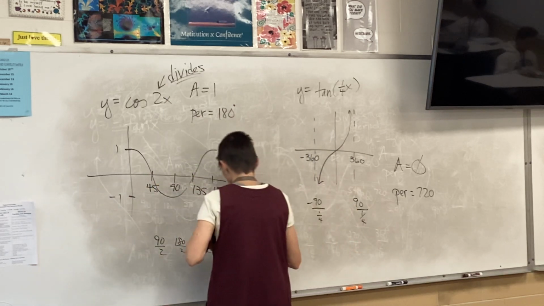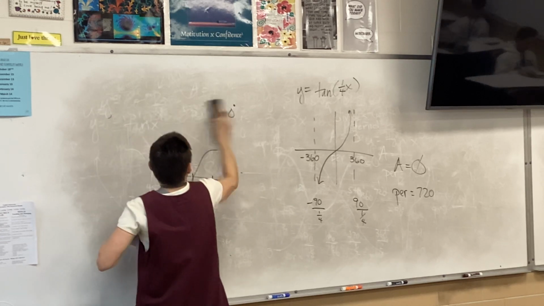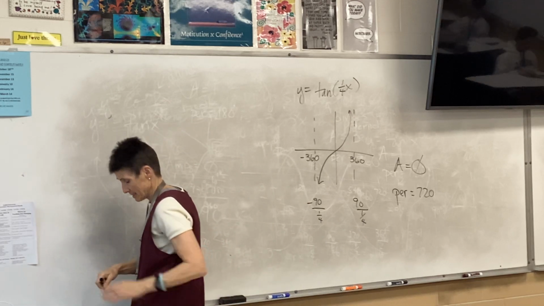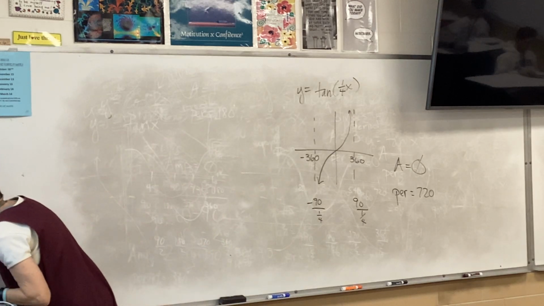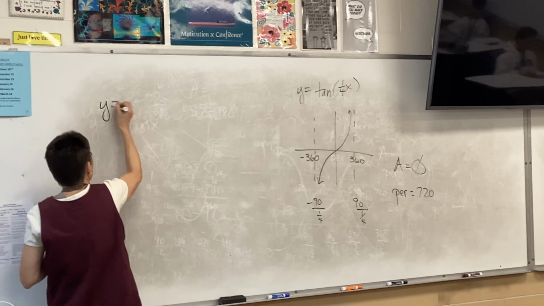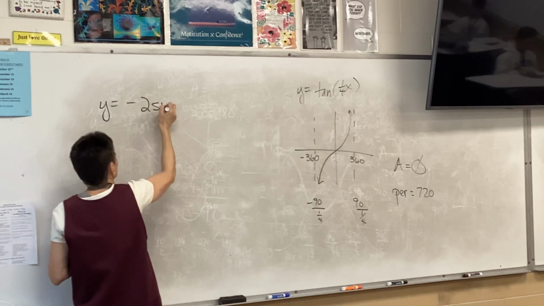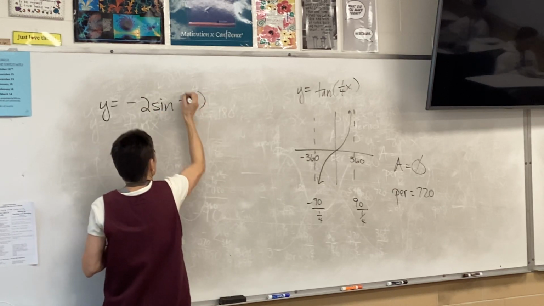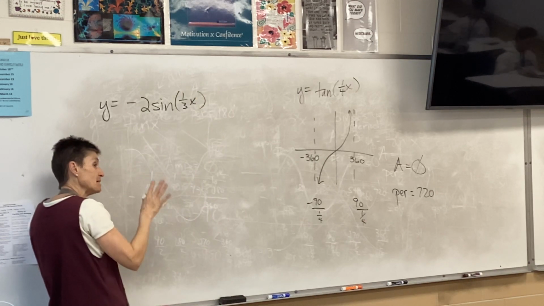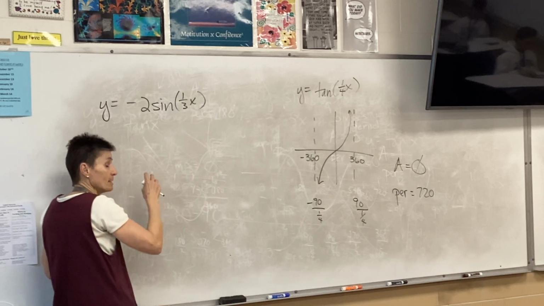Oh my, lot going on in J. So we have y equals negative 2 sine 1/3 x. Now, when we did this before in chapter 1, I kind of encouraged you to write down the changes in words.